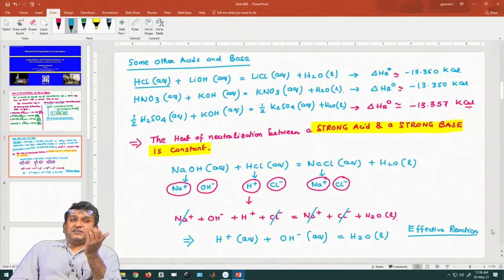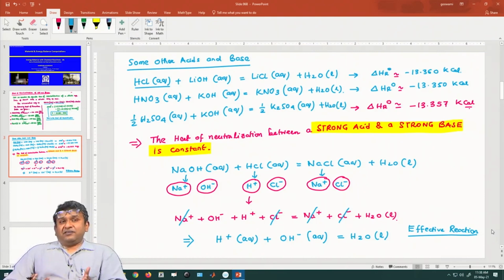And the moment there is partial dissociation, the supply of the cation or the anion is restricted, and therefore, you cannot have a complete reaction of all the H plus ions and OH minus ions reacting to form H2O. So, the numerical value of the heat of neutralization for any neutralization reaction which involves at least one weak component, either a weak base or a weak acid, is going to be numerically lower than 13.36.